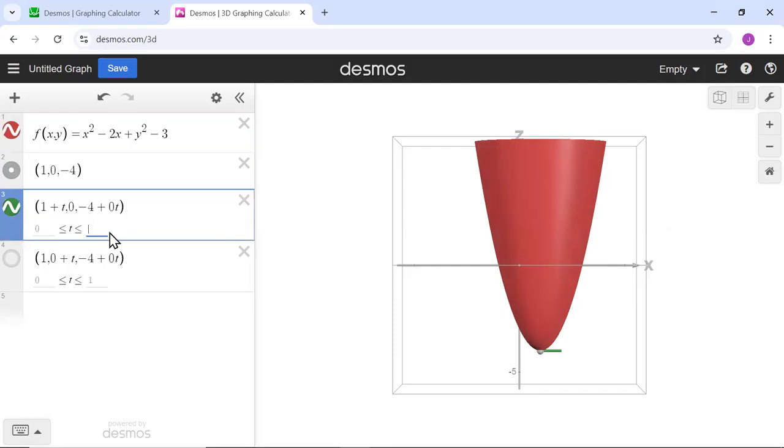I can make this as long as I want, but you can see that the tangent line is shooting out at slope 0 in the x direction.